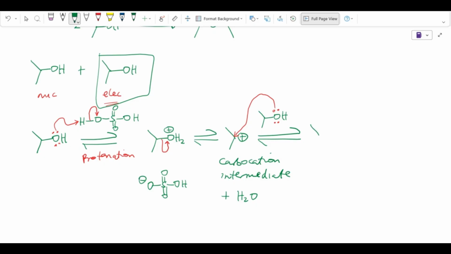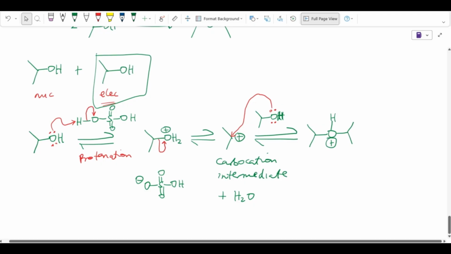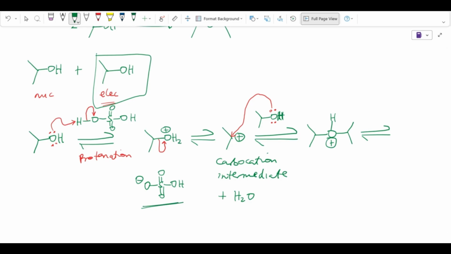So when this happens, the oxygen is going to form a bond with the carbon. That oxygen is attached to an isopropyl group, and that oxygen also has one proton. So now, because oxygen has 3 bonds, it will gain a positive charge. We need to get rid of the positive charge. To do that, we will need to use a base to pull off that proton. So the base we're going to use will be this conjugate base that formed in step 1.